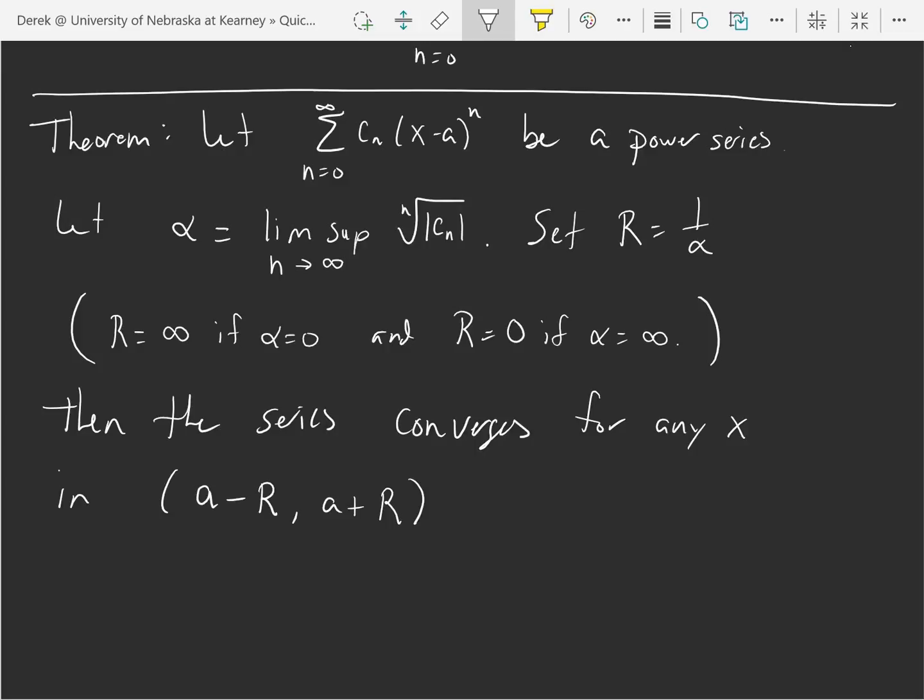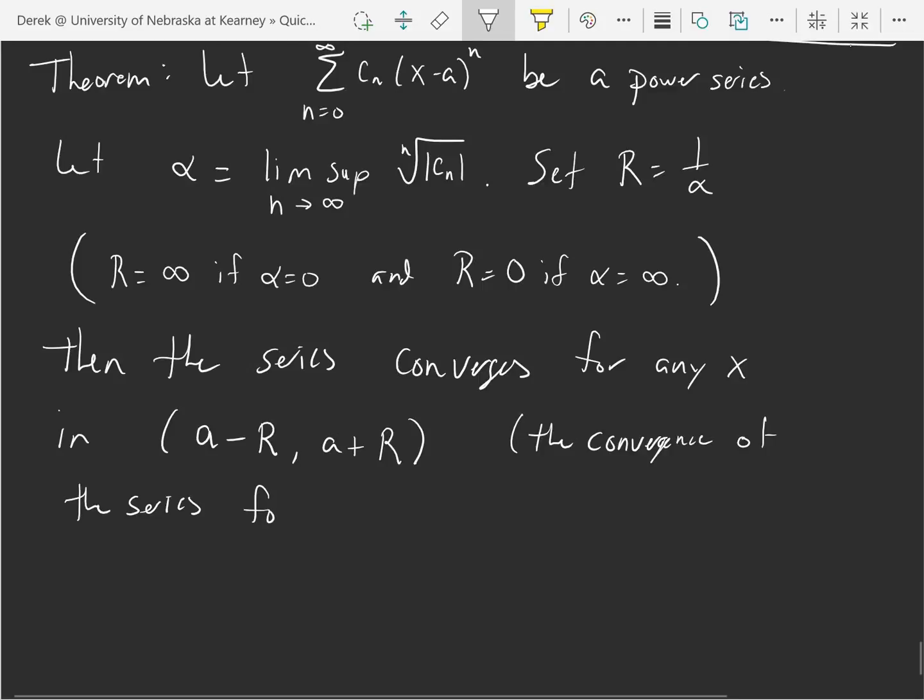The convergence at the endpoints is unknown. So the convergence of the series for x equals a plus or minus r needs to be determined by other methods.